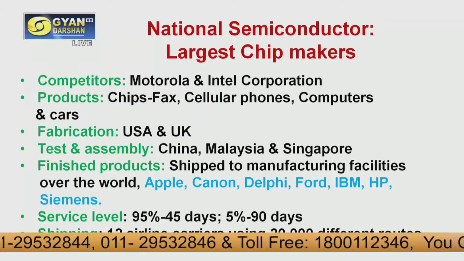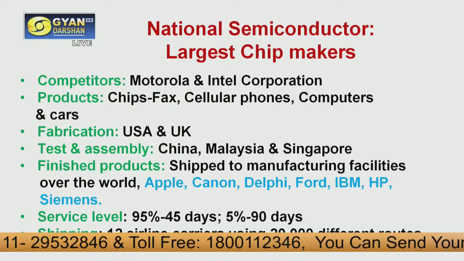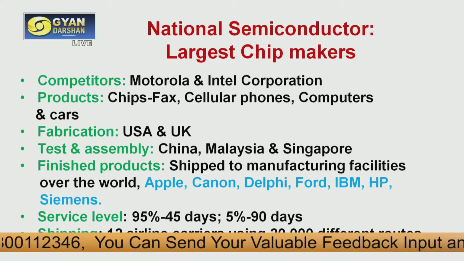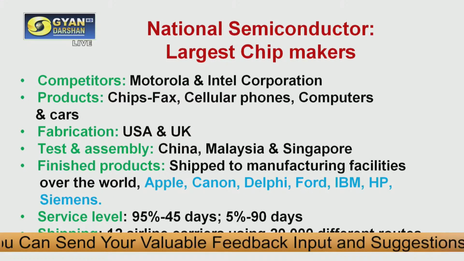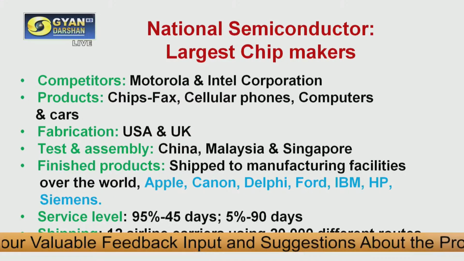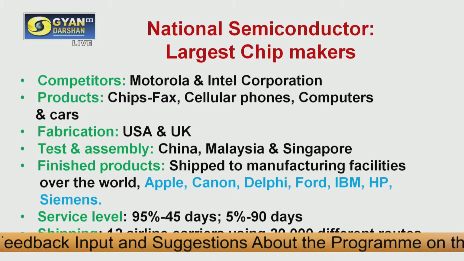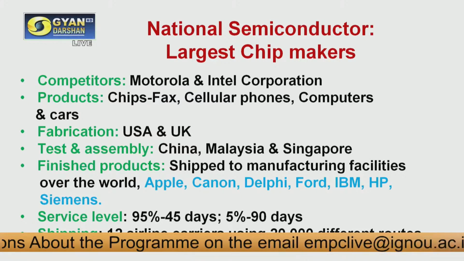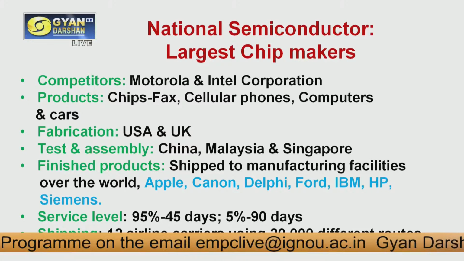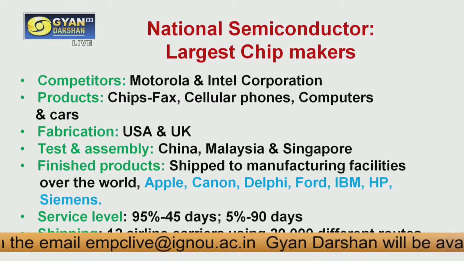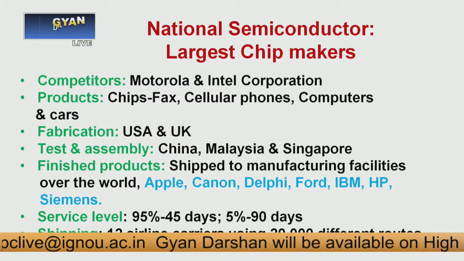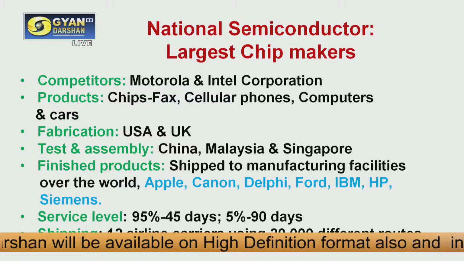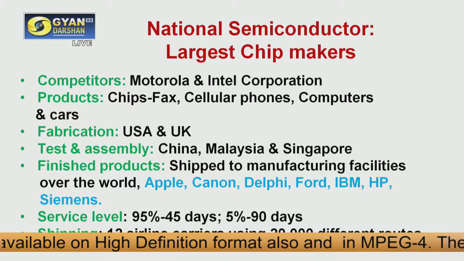First I will give you one example so that you understand the need of supply chain management. I have taken the example of a chip maker company which is the largest in the world, having the major share across the globe. That is National Semiconductor. They have competitors like Motorola and Intel Corporation.